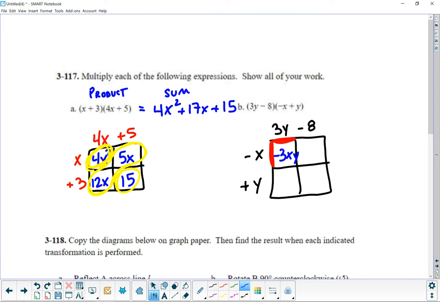You can also put yx, but it is customary to put the x in front of the y. Next up, we have this other square, and we want to use the negative x and the negative 8. So negative x times negative 8 makes positive 8x.